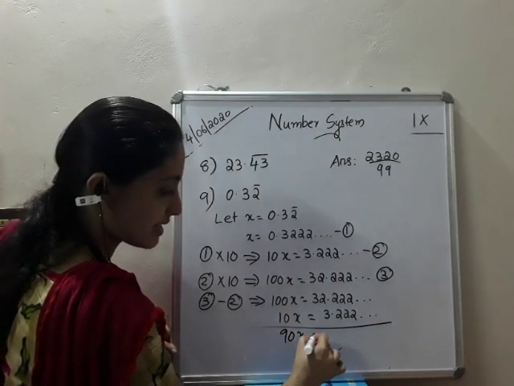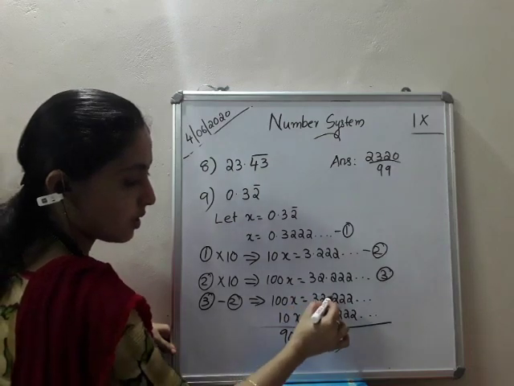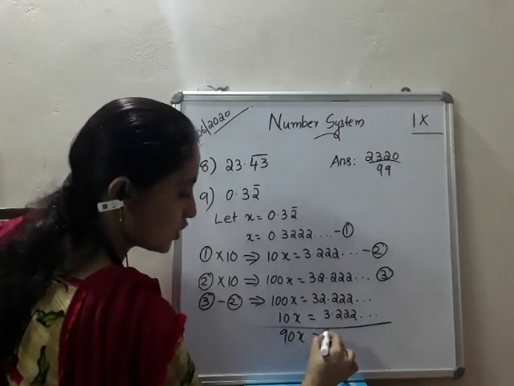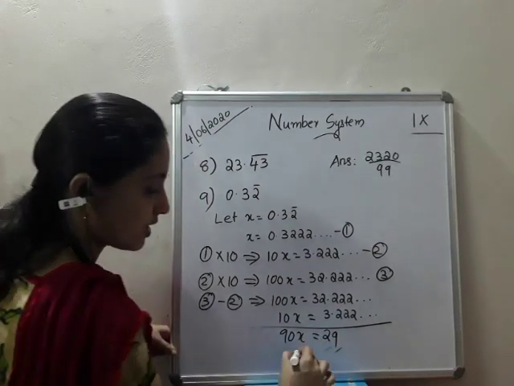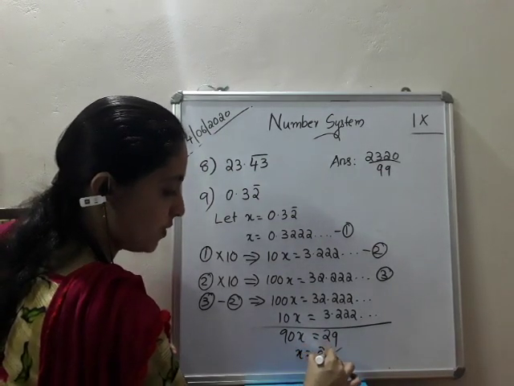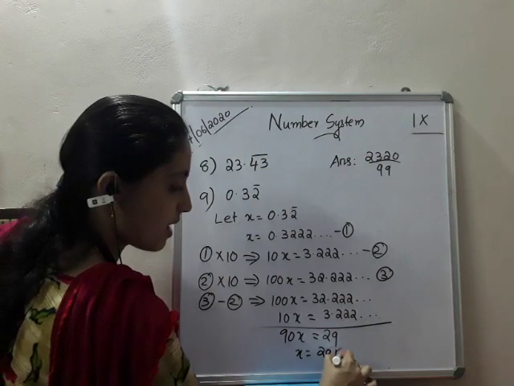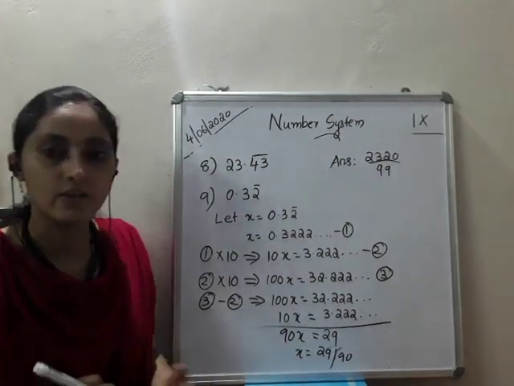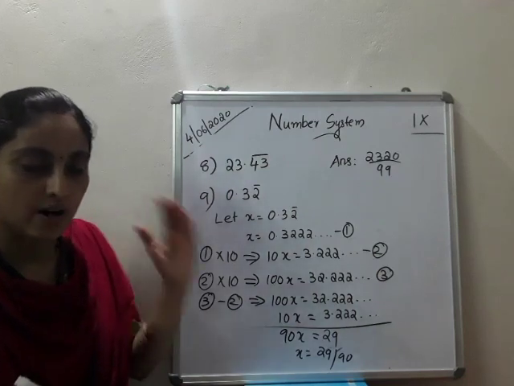So 90x is equal to 32.22, here also that will be cancelled. 32 minus 3 is 29. So what is the value of x? x is equal to 29 divided by 90. One more time I will explain.